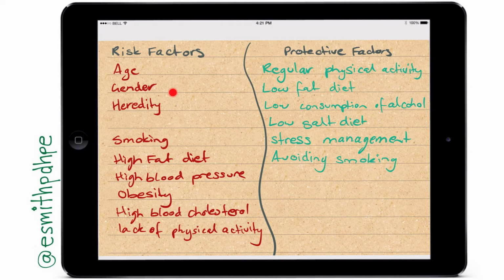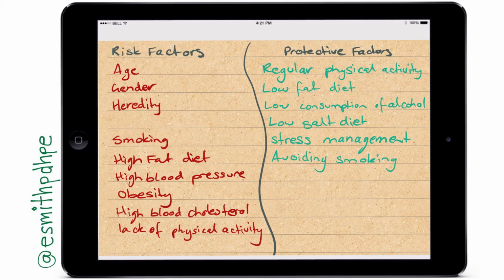So if we have a look at these 3 here, age, gender and hereditary are risk factors, and we cannot modify those risk factors. Smoking, high fat diet, high blood pressure, obesity, high blood cholesterol and lack of physical activity are all risk factors which we can modify and have control over.